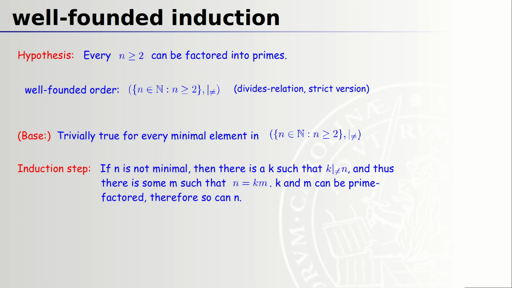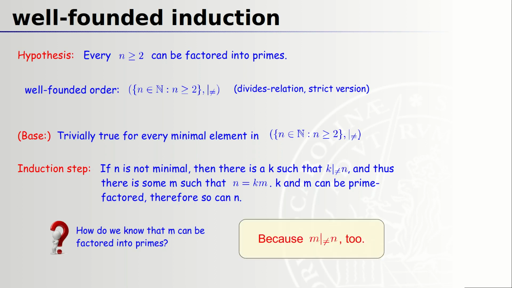Which means for some m, k times m is our number n. Per our induction hypothesis, k and m can be factored into primes, and since n is their product, so can n. By the way, how do we know that m can be factored into primes? Because by symmetry, m also divides n, and so is smaller than it.